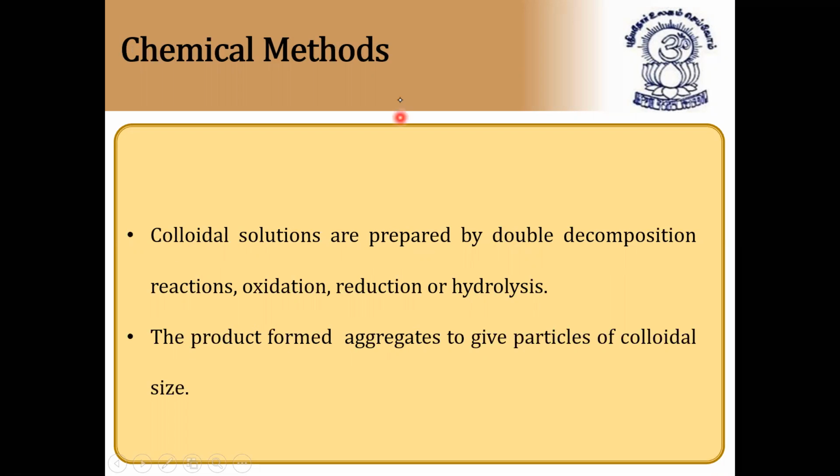Aggregates means many particles coming together, like soap. In soap, it forms an aggregate that is called an associated colloid. So the product formed aggregates to give particles of colloidal size, just like associated colloids, like micelle.